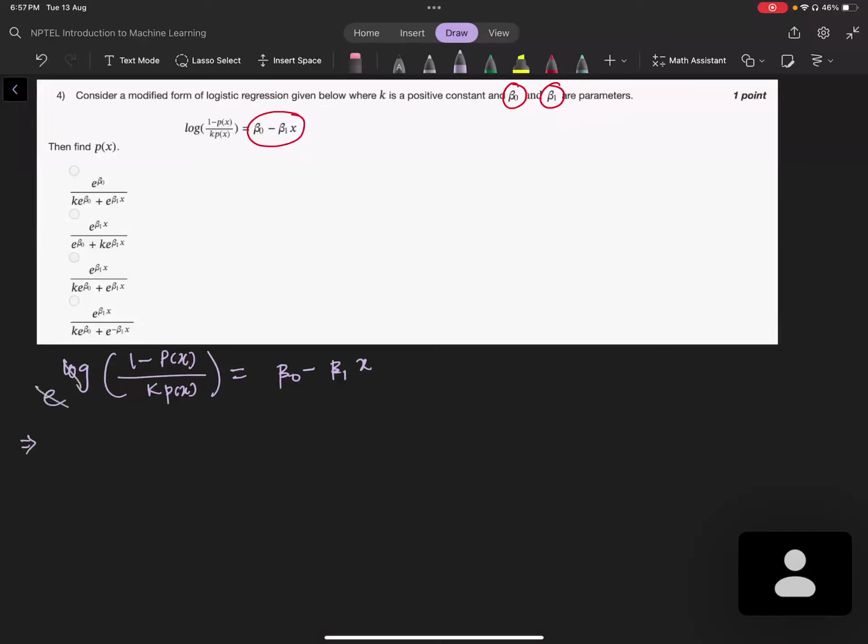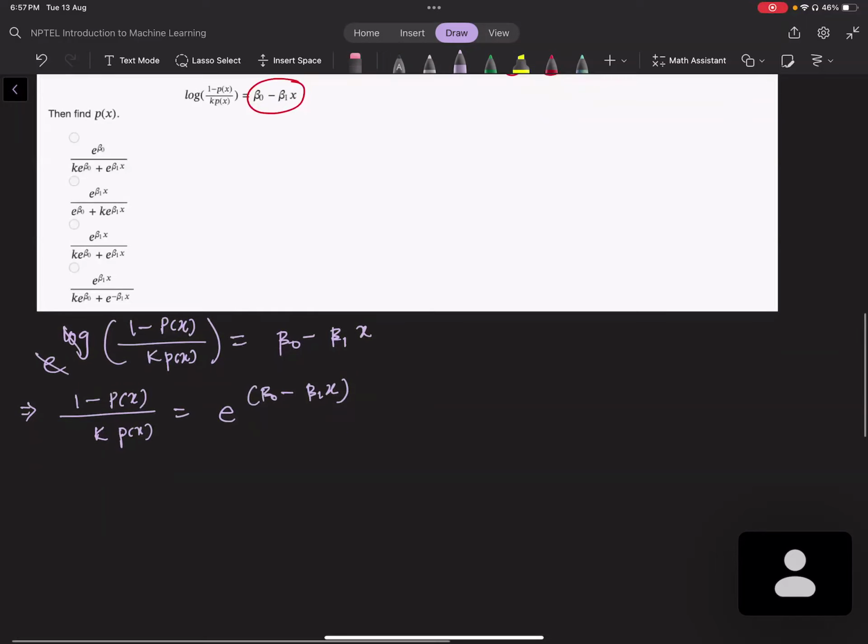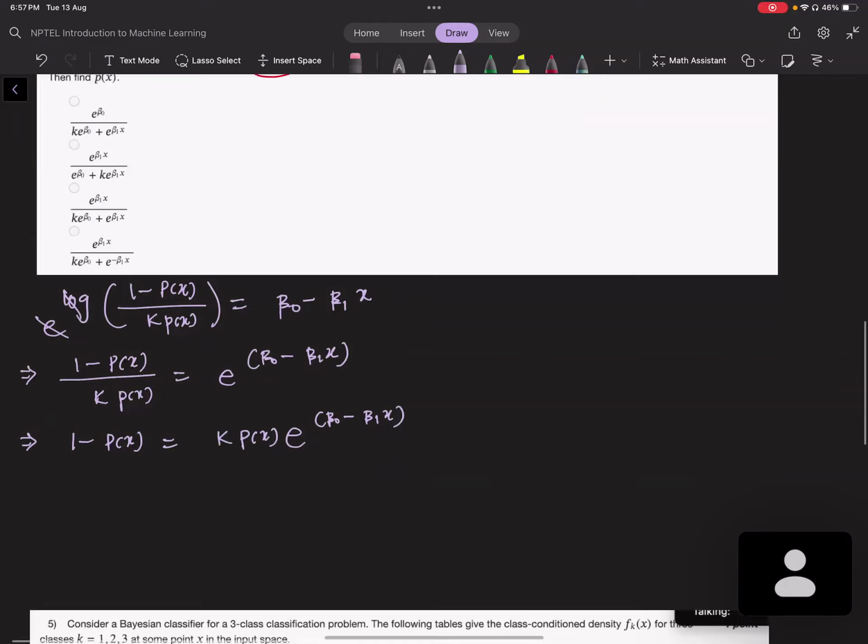E to the power and log will cancel each other, and this will be (1 minus p of x) by k p of x equals e to the power beta 0 minus beta 1 x. Okay. So then you transpose this: 1 minus p of x equals k p of x e to the power beta 0 minus beta 1 x. Okay.